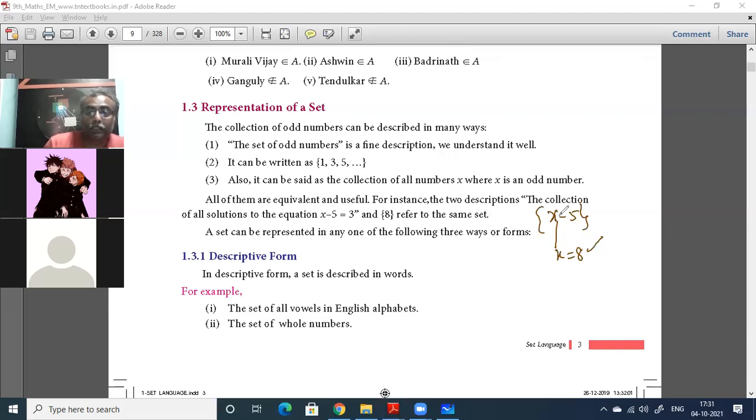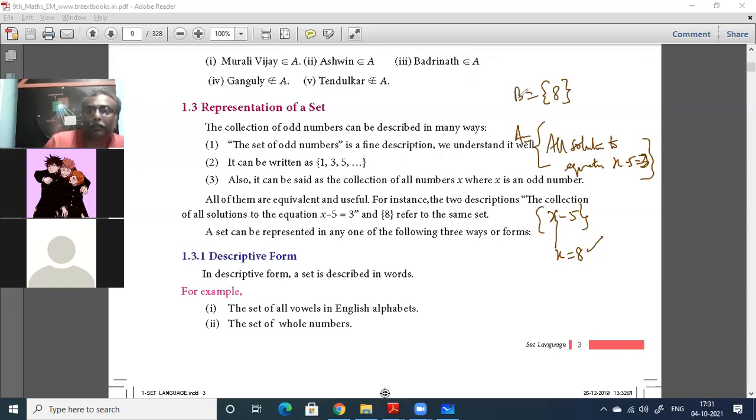So the collection of all solutions to the equation and 8 refer to the same set. The set is not x minus 5. The set is all solutions to the equation x minus 5 equal to 3. This is the way to define the set. A is equal to all solutions to the equation x minus 5 equal to 3. B is equal to 8.